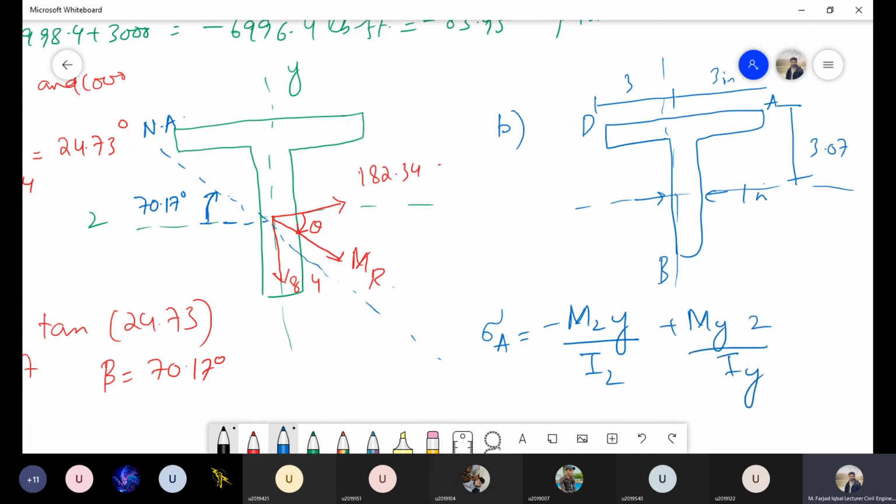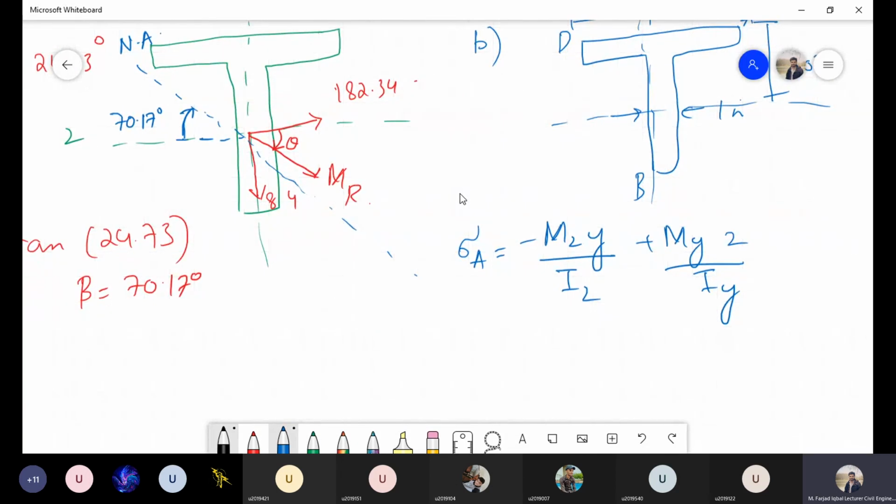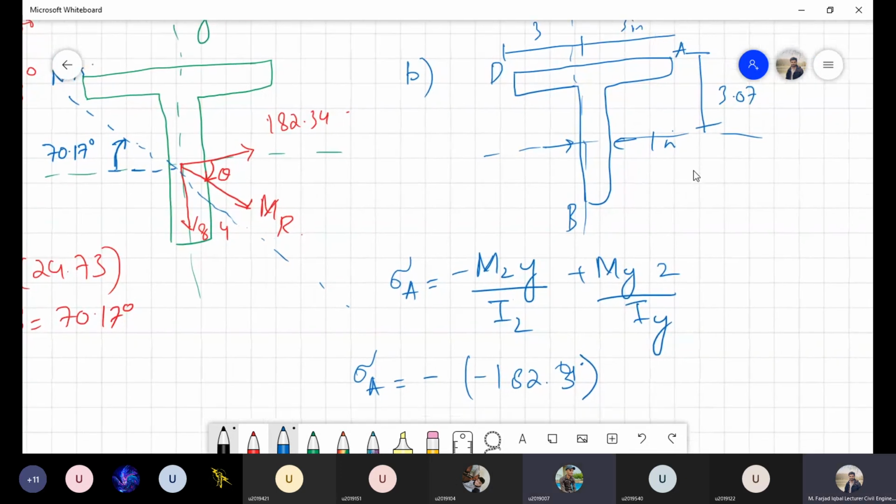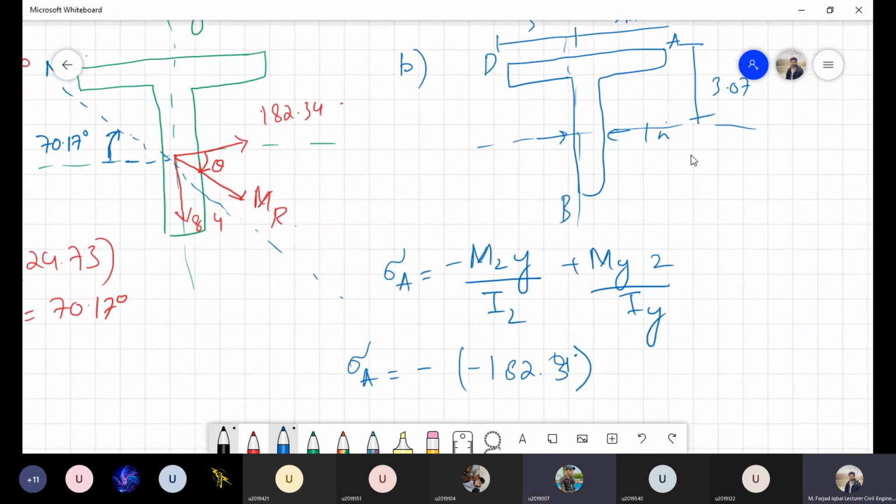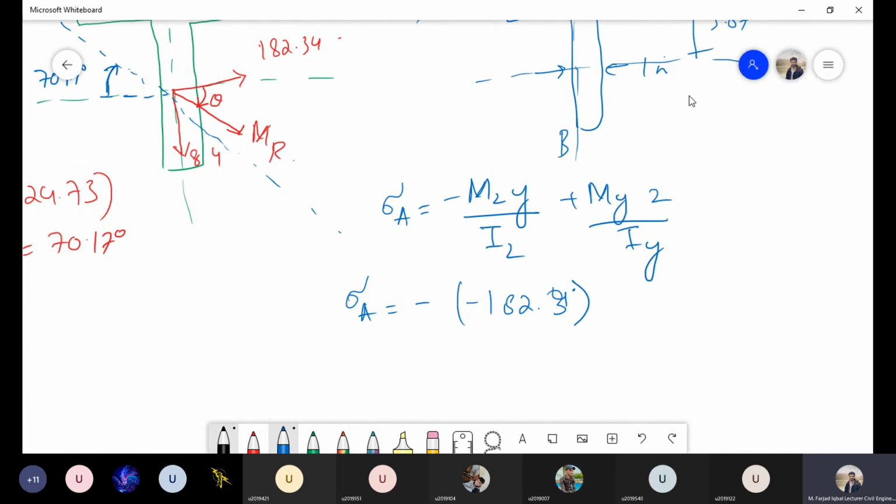Now in this equation, I substitute the value of Mz, which we just calculated previously, that was minus 182.43. What will be the y distance for point A? Anyone? 3.07, in the positive direction because it is acting upward.